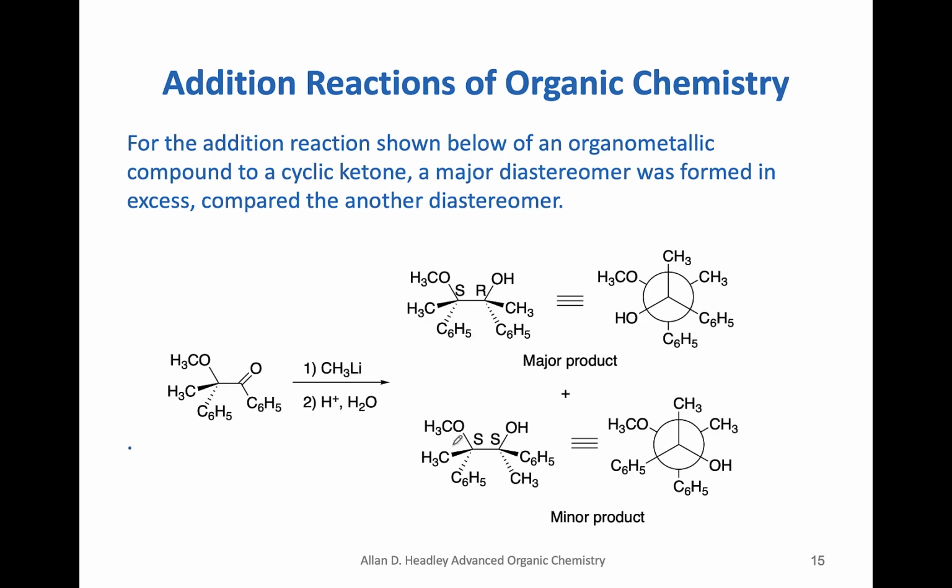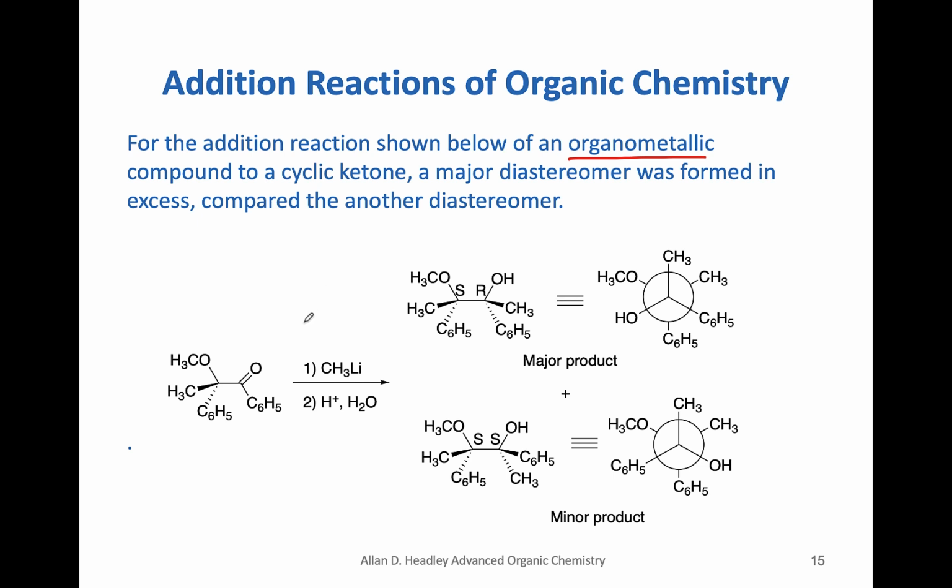Let us look here at an application of that material we've covered. We're looking at the addition reaction shown below of the organometallic. This organometallic is methyl lithium. Notice again it's the same type of reagent as the organomagnesium, the Grignard.